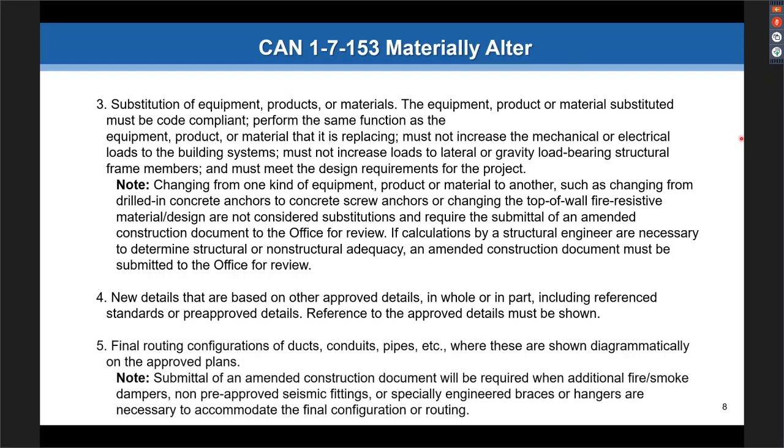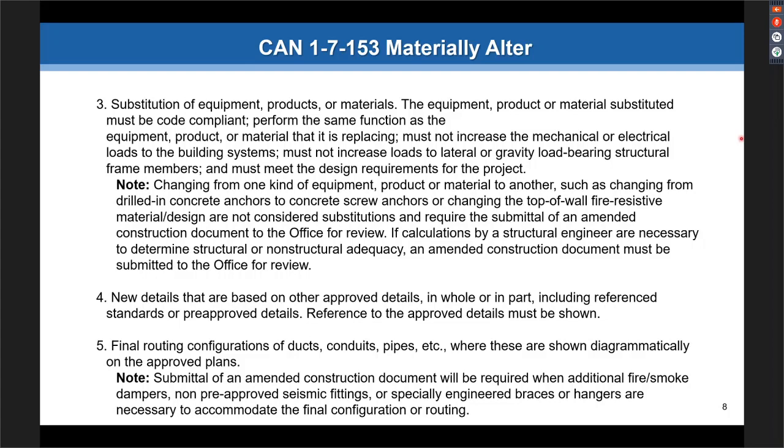Type 5 is final routing configurations of ducts, conduits, and pipes, etc. These are typically shown diagrammatically on the approved plans. And if they are, the routing changes, again, that would be considered non-material.